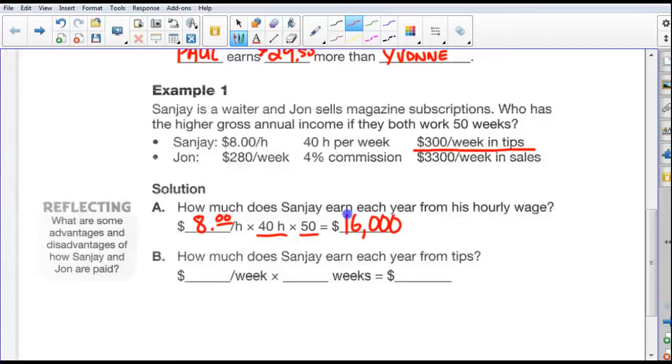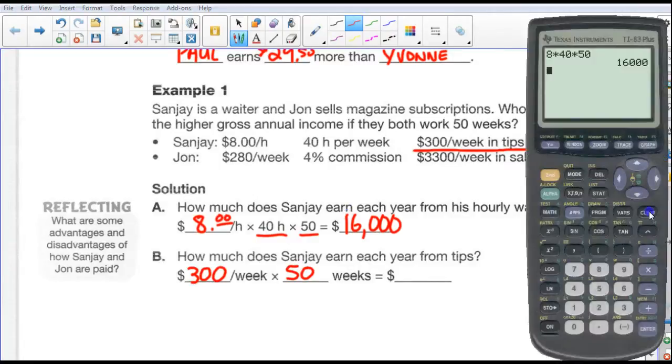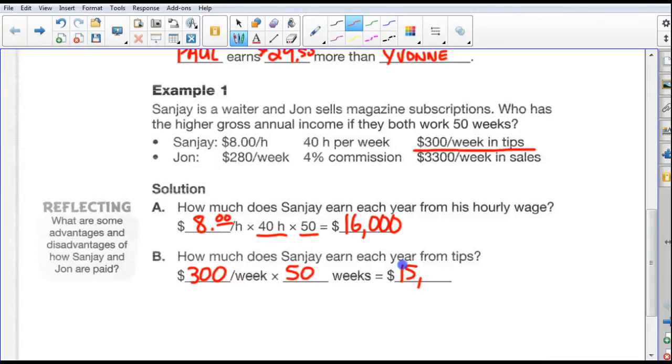So we take $300 per week times 50 weeks he's working. 300 times 50. He's making an additional $15,000 per year on tips. Almost half his wage is coming just from tips. So his wage is $16,000 and his tips is $15,000.